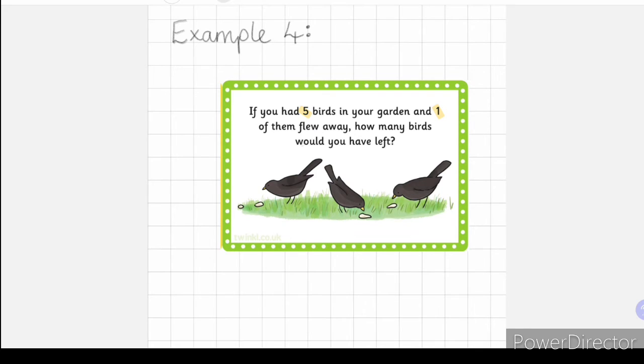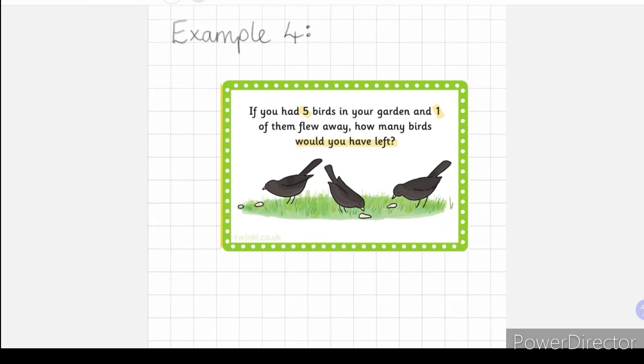How many birds would you have left? So that part is important because that's telling us what we need to do with the numbers. It's telling us that they want to know how many are left if you take one away, because one of the birds has flown away. So this is a taking away question or a subtraction question.